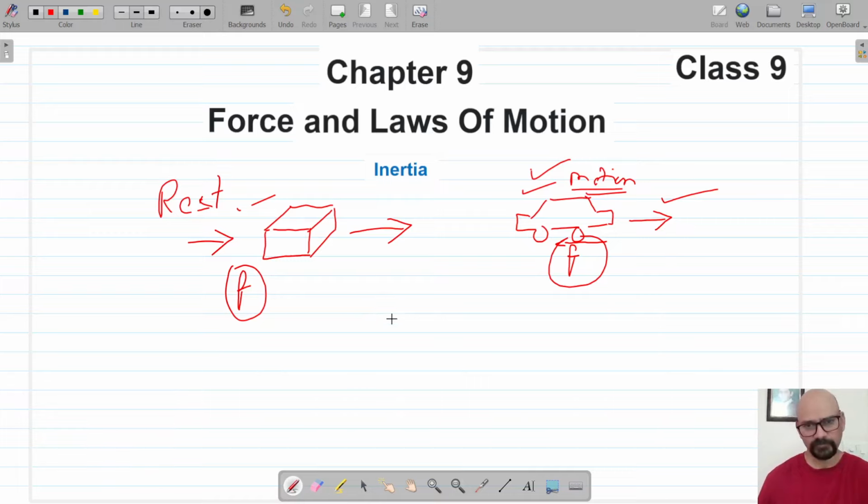And let's say an object, this ball, is moving in this direction and we hit it from this side with a bat, and now it changes its direction to this side. So it will continue to move in the same direction unless we apply this external force and change its direction.